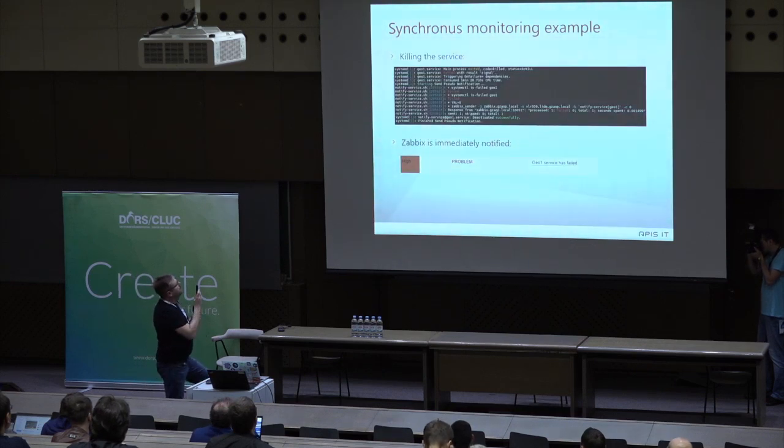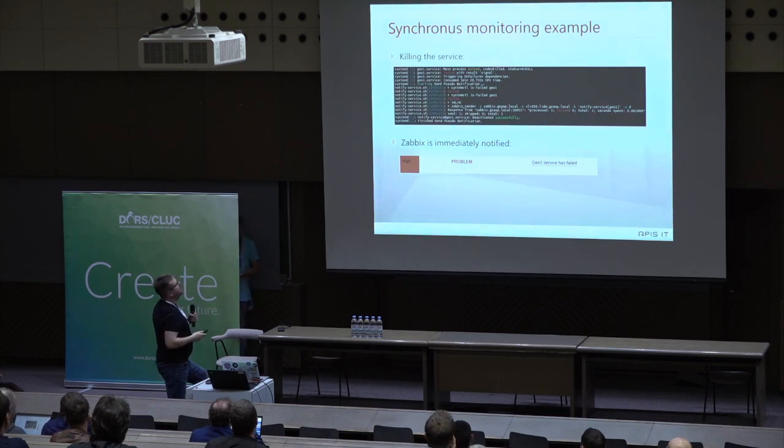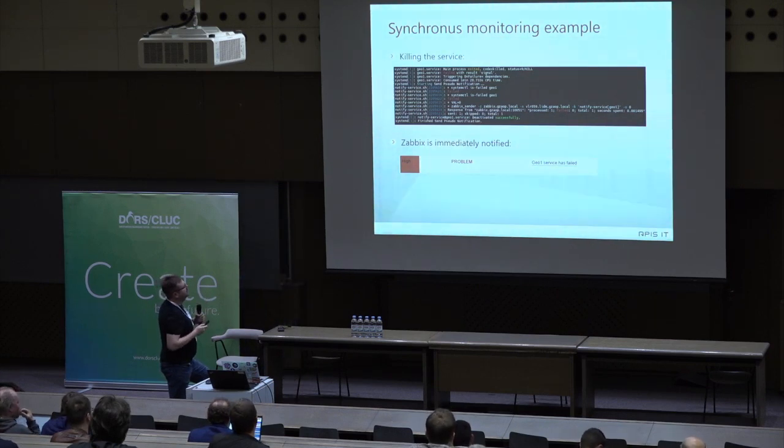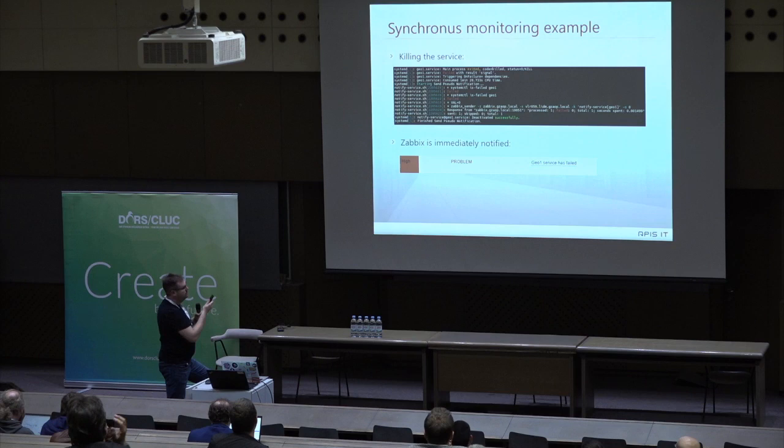So here, what is happening when we are querying the service? We see that the service has failed. We see that it is triggering the OnFailure dependencies and starting the notify service. It sees that the service has failed, sends value 0, and the value 0 is sent by Zabbix sender to our monitoring system, Zabbix.